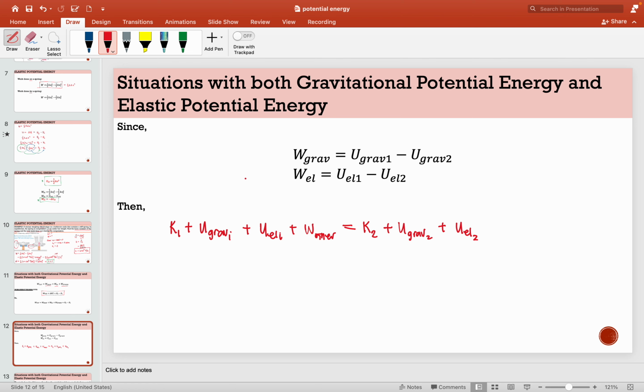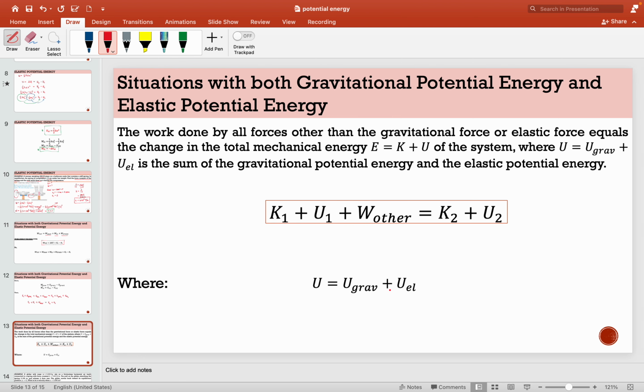Or, we can also have it as K sub 1 plus U sub 1 plus the work done by other forces is equal to K sub 2 plus U sub 2, wherein U is the sum of both the gravitational potential energy and elastic potential energy.